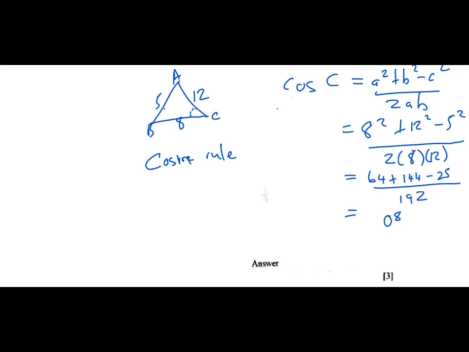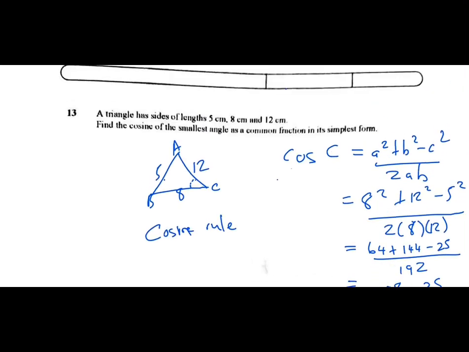Then we're going to subtract 25 from 208. So we will do 208 minus 25 divided by 192. 8 minus 5 gives you a 3. Then 10 minus 2 gives you an 8. And then 2 minus 1 gives you 1. So it will be 183 over 192.